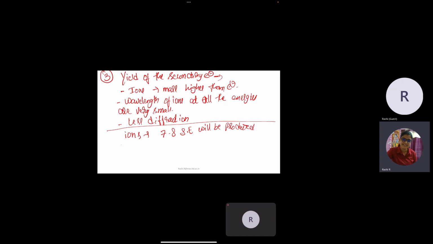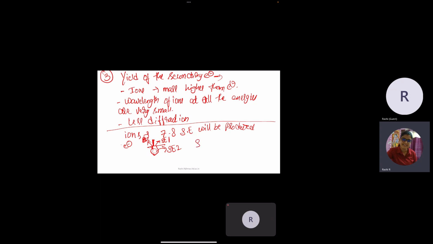And in the case of electrons, when an electron falls on the sample, it will first give secondary electrons and then BSE electrons. Before BSE comes, it will have many interactions inside the sample, and it will again emit a secondary electron 2. This is secondary electron 1.